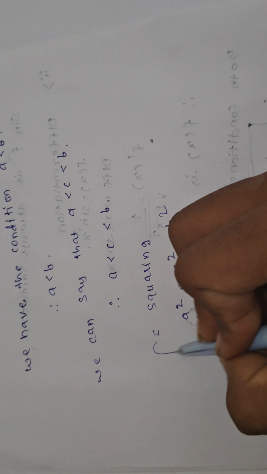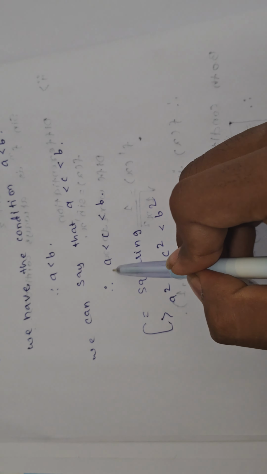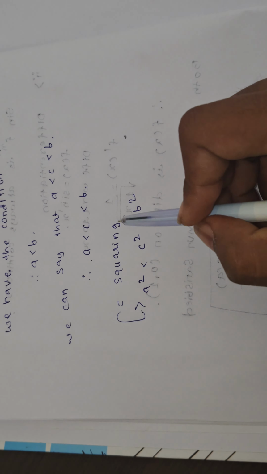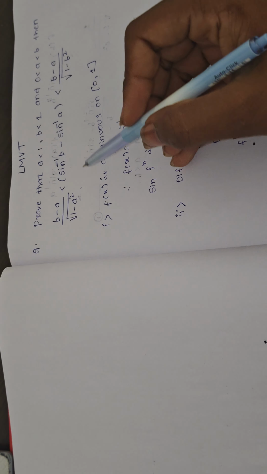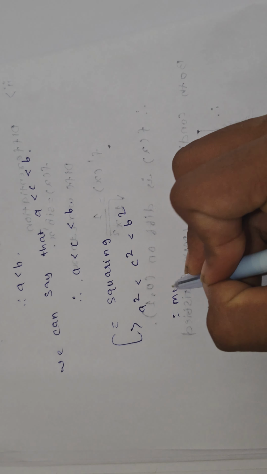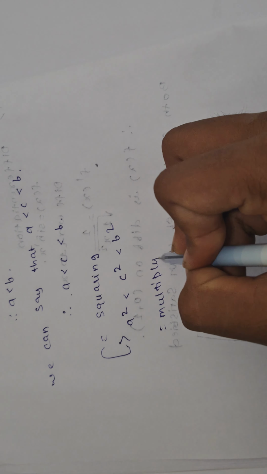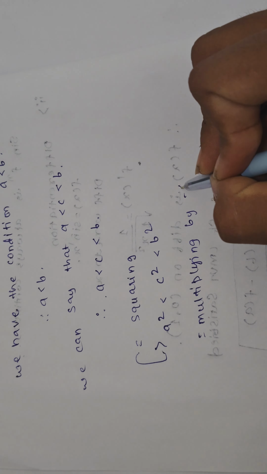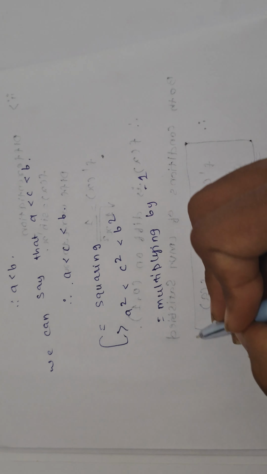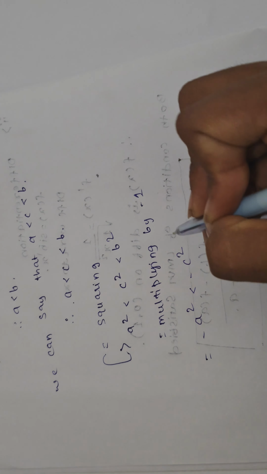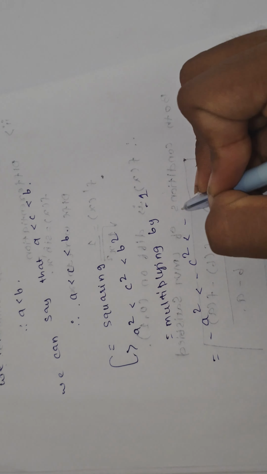Next, multiply by minus 1, because we have minus 1 beside the square. So the inequality becomes minus a square, minus c square, minus b square.